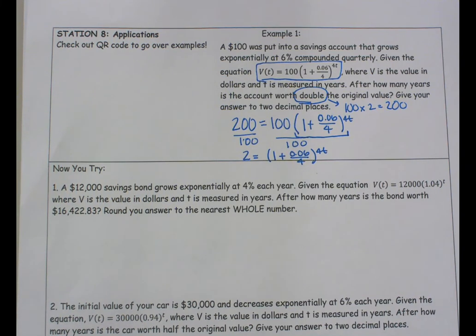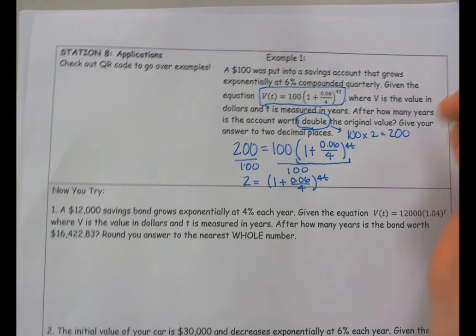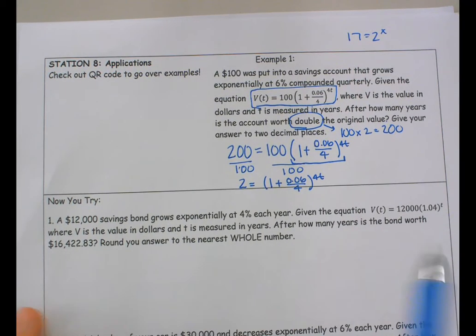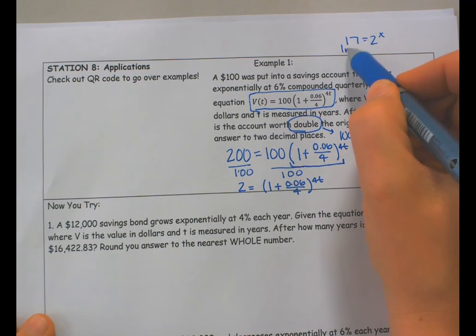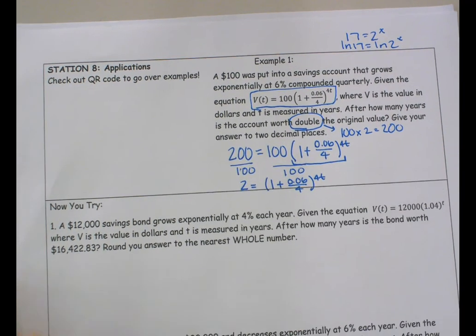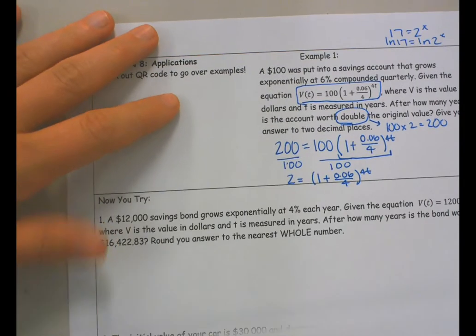And so now, to be able to solve this exponent, just like we've been solving like 17 equals 2 to the x power, we can do the same thing for this. We're going to put a natural log on both sides and then bring the exponent down. Just to give myself a little bit of room, I'm going to write on the back of something else.